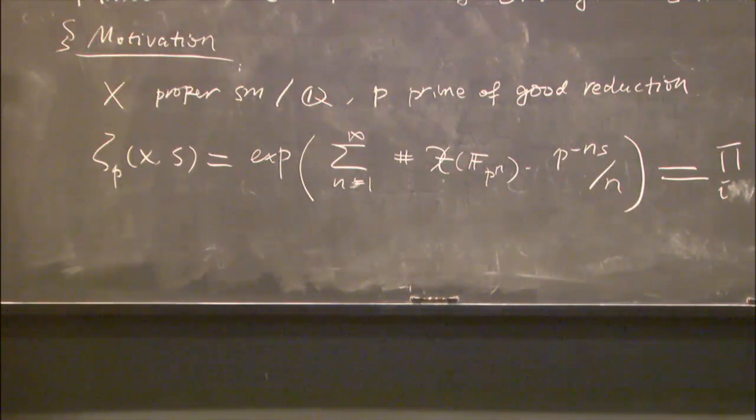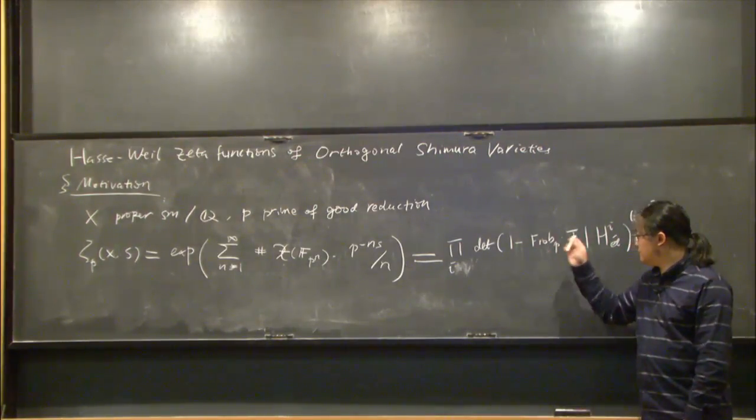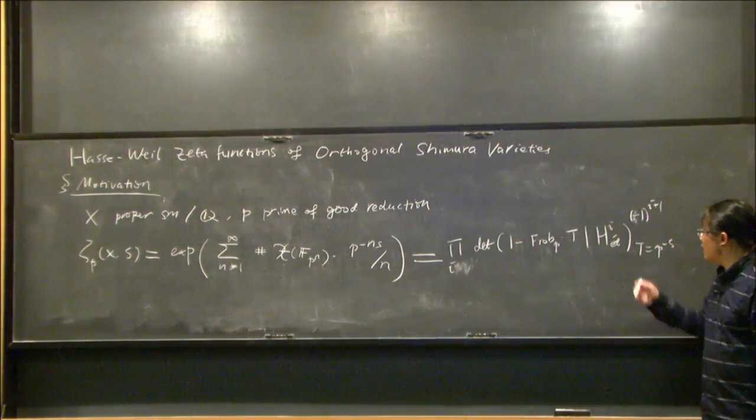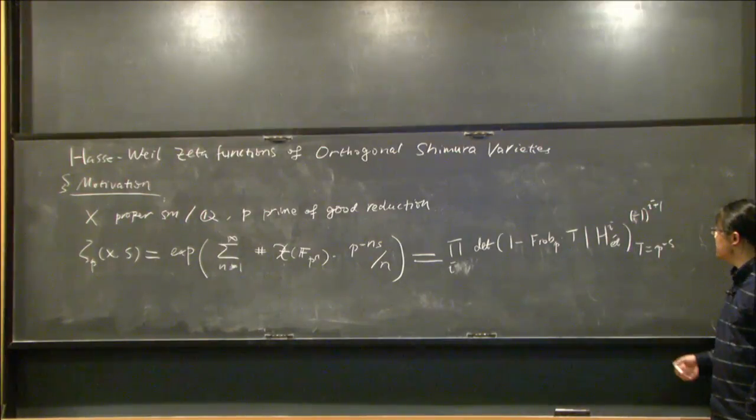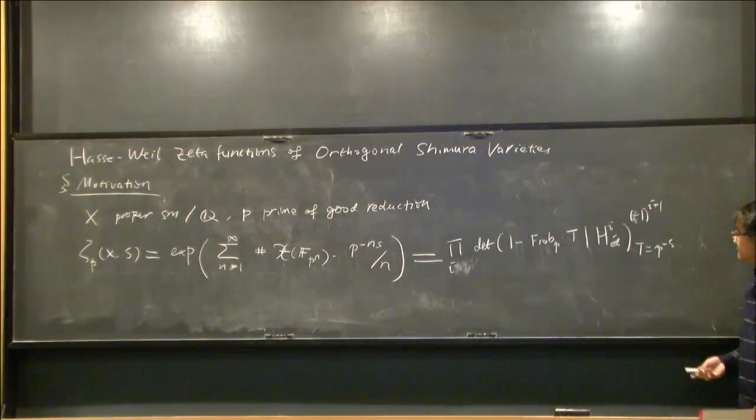It's the product over the different degrees of the cohomology of the characteristic polynomial of the Frobenius acting on the étale cohomology, and here you set this formal variable t to be p to the negative s.